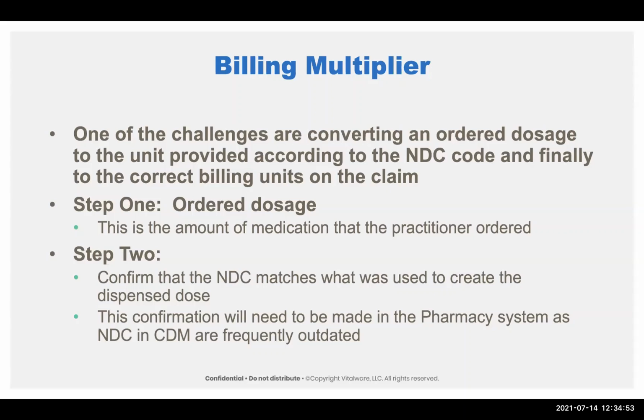So step one is what did the physician order? And you look at the amount of medication they ordered. Step 2, confirm the NDC that was used to create the dispensed dose. This confirmation will need to be made by the pharmacy system, and the NDC are frequently outdated. So what we see is the NDC on the claim is supposed to be the NDC on the vial or package that you provided to the patient.